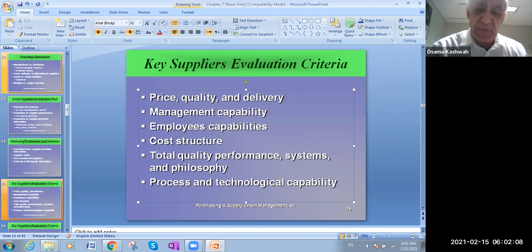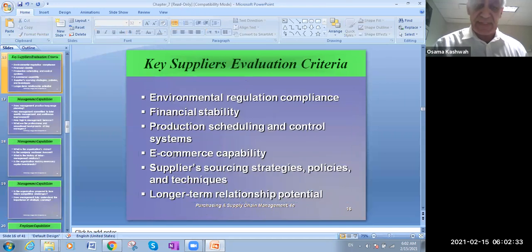All those total quality performance is good. He's giving me things with a good quality system and philosophy, process and technological capabilities. So those are the criteria by which I choose the supplier: the price, the employee capabilities, the total quality performance, the process and technological capabilities.